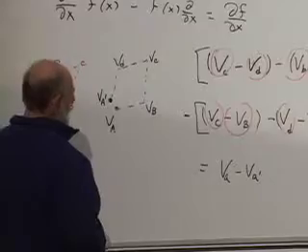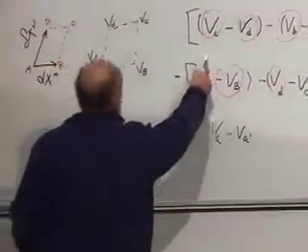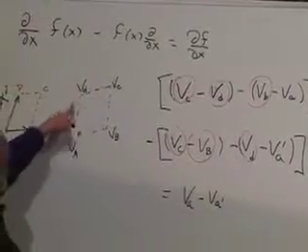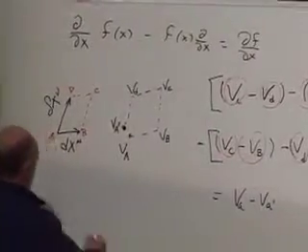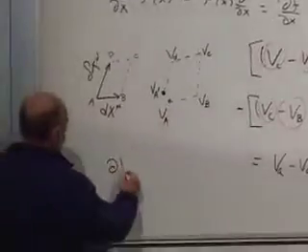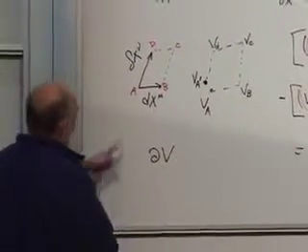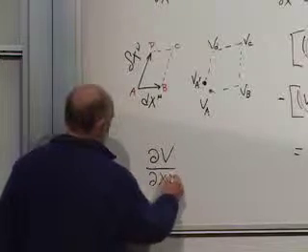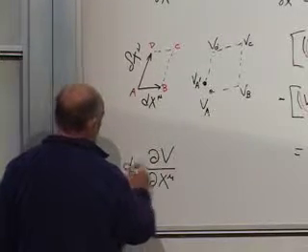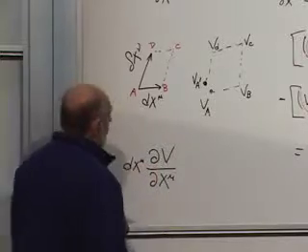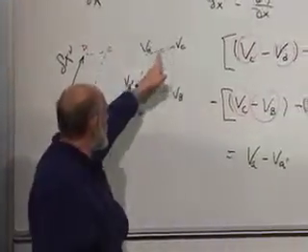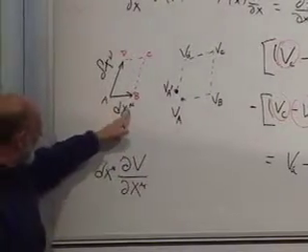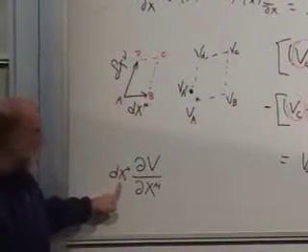Let's take the first expression up on top. First of all, let's take VC minus VD. VC minus VD is related to the derivative of V with respect to x mu times dx mu. The derivative, the V here minus V here, is the change in V when you change x mu a little bit times the change in x.